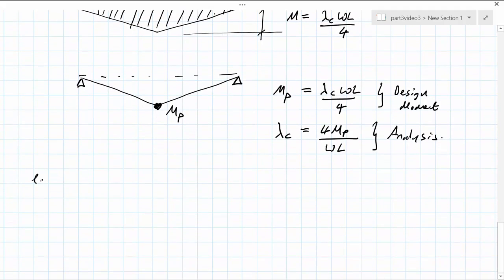For statically indeterminate structures, a similar process is followed.